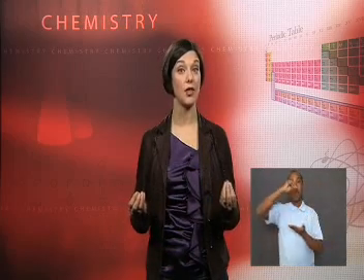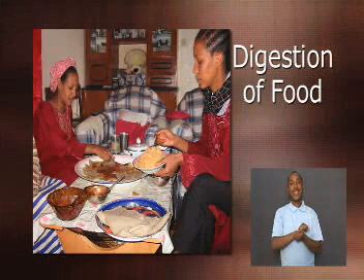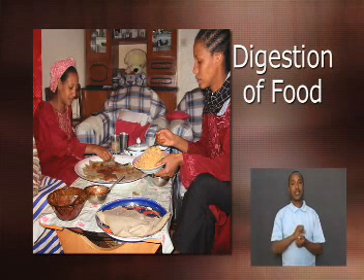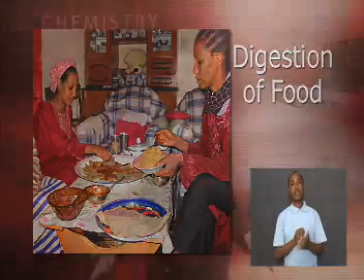One more reaction you might have thought of is food being digested. It seems as though the food we eat disappears after we eat it. However, the food is broken into smaller bits and sent throughout the body wherever it is needed.